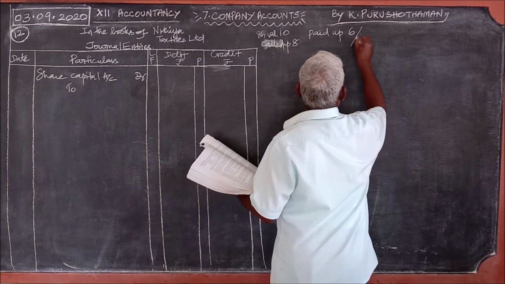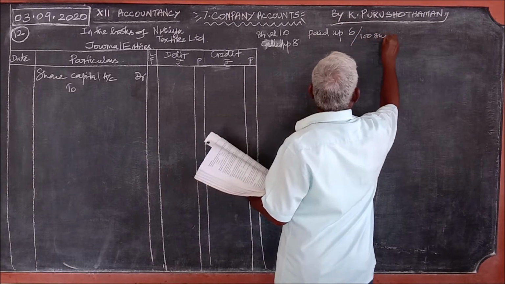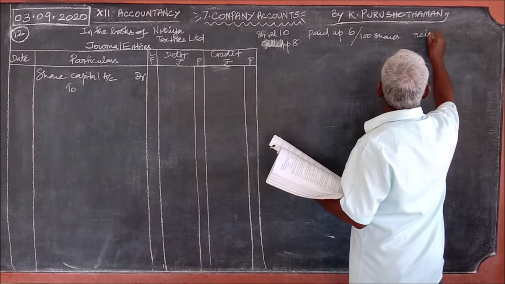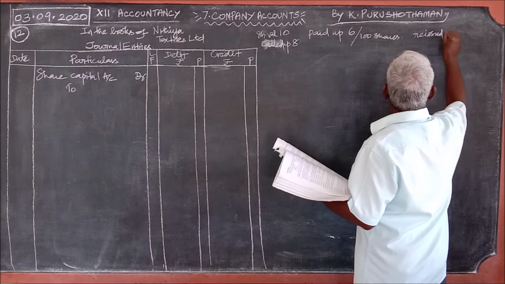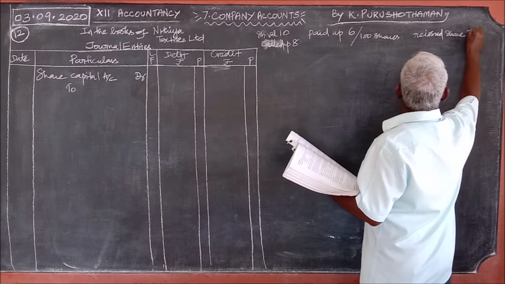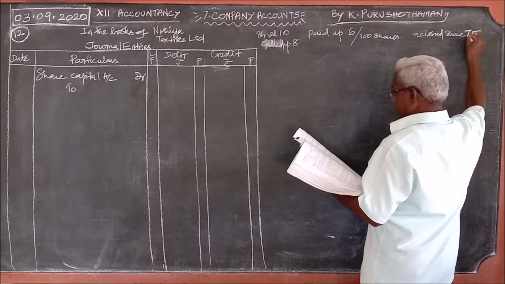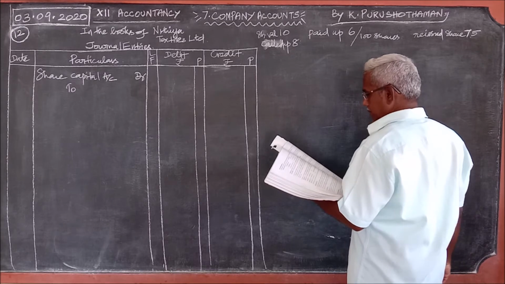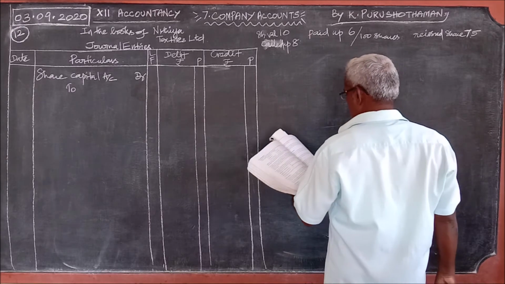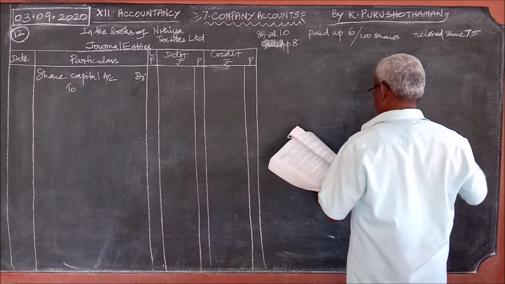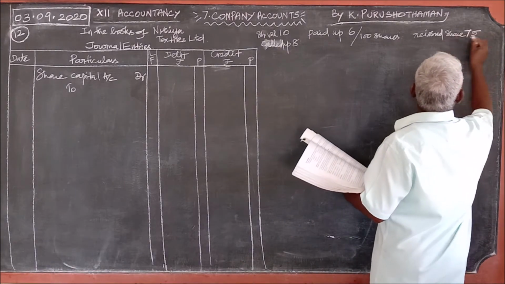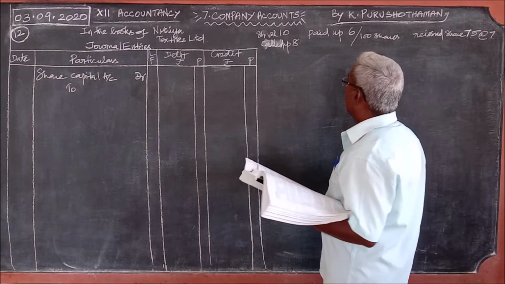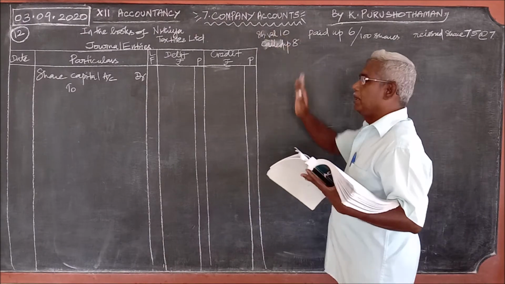There are 100 shares, but we reissued only 75 shares at the rate of rupees 7. This is the particulars given in problem number 12.